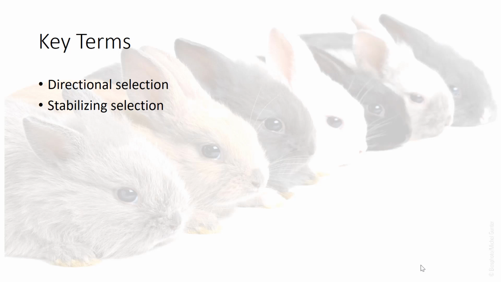Stabilizing selection is where you're selecting against both extremes, and you are increasing the proportion of individuals that have whatever that average phenotype is.